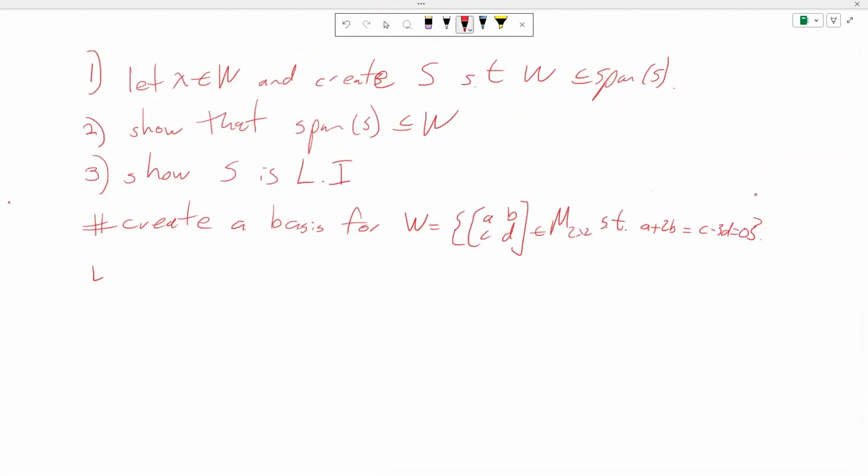So let x be in W. I like to start with just a generic vector. Then x equals (a, b, c, d) such that a plus 2b equals 0 and c minus 3d equals 0.